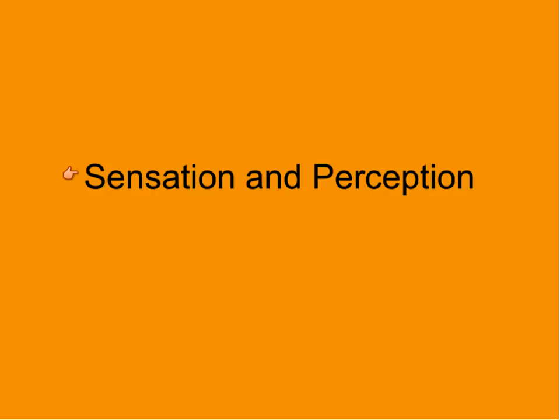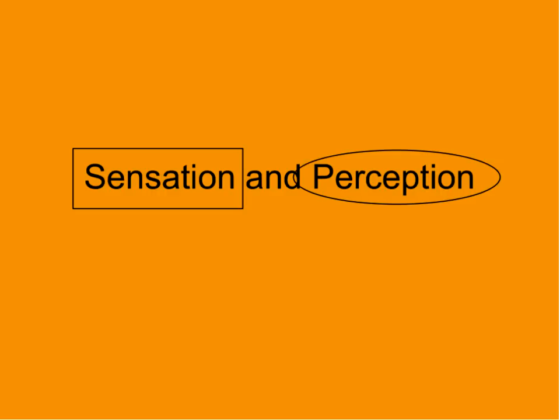So we're going to be talking about sensation and perception, and I want to begin by helping you to make a distinction between the two. Okay. Well, the first distinction in our course is we're going to do sensation today, and then on Thursday when we get together in AL201, we're going to do perception. But what other distinctions can we make between these two things?